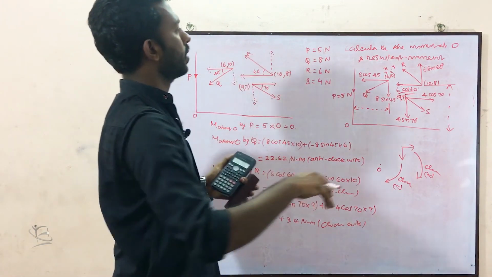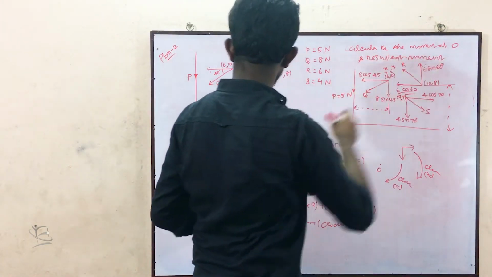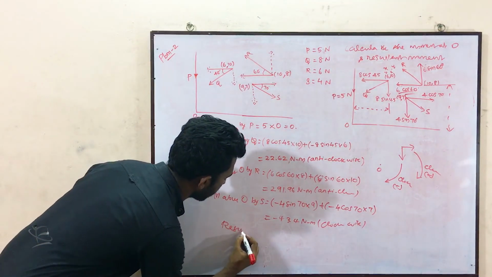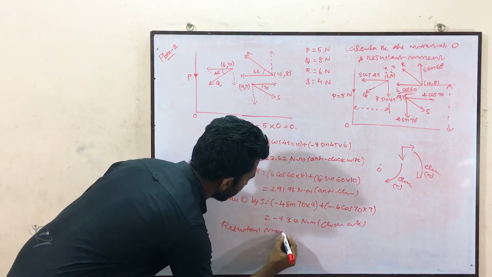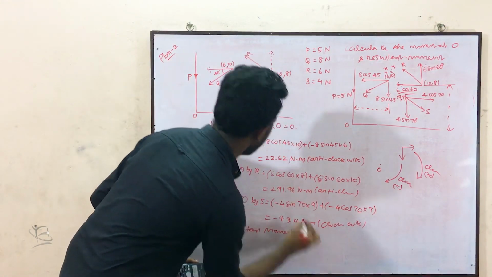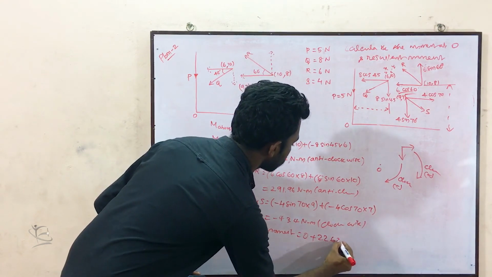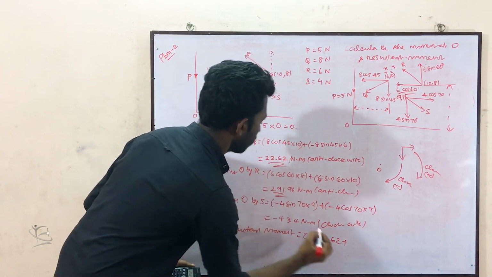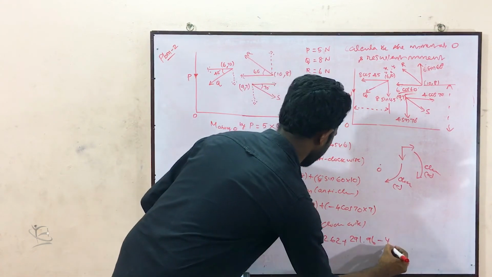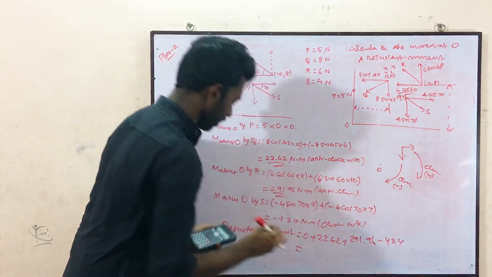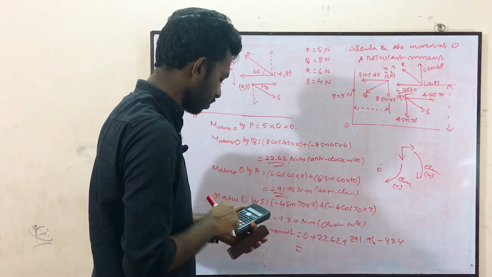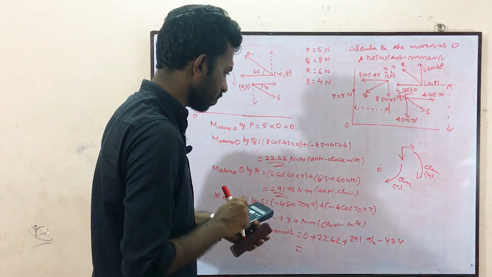Now we calculated the moment about the point O by P, Q, R and S. The resultant moment is equal to the summation of all these: 0 plus 22.62 plus 291.96 minus 43.4.